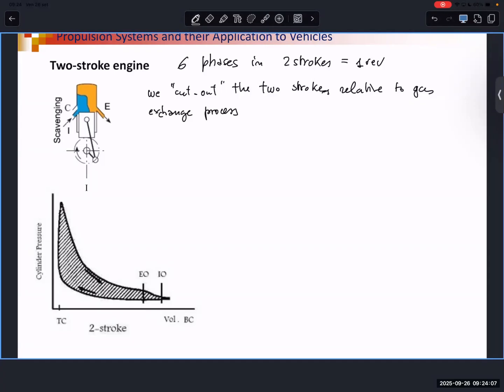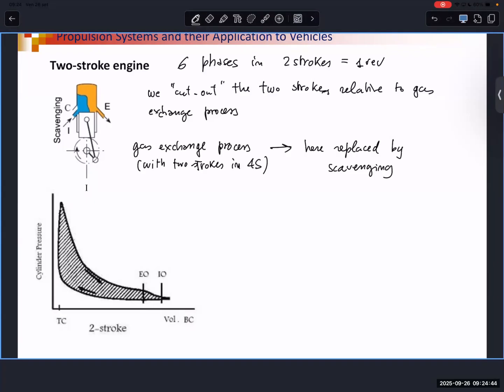So we can consider here how the gas exchange process with 2 strokes, in the 4-stroke engine, is replaced by what we call the scavenging.